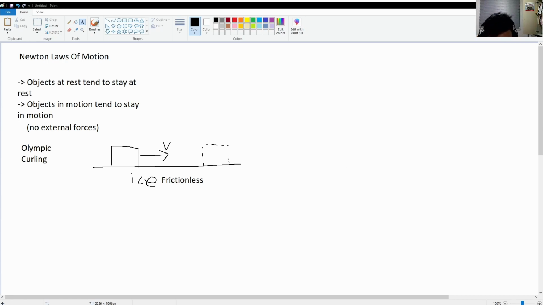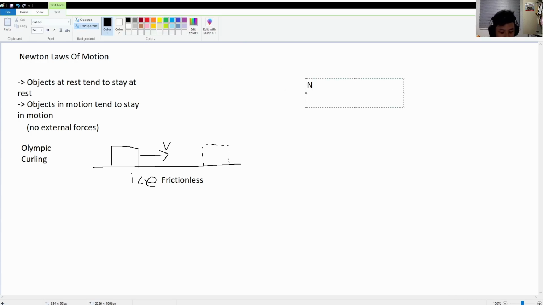And one way to think about Newton's first law is net force. The net force is equal to 0, and therefore there's no change in velocity, no acceleration too.